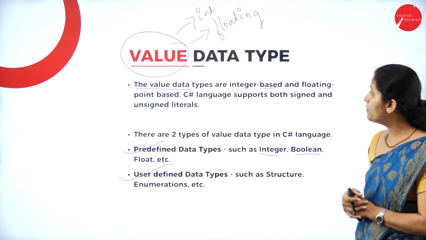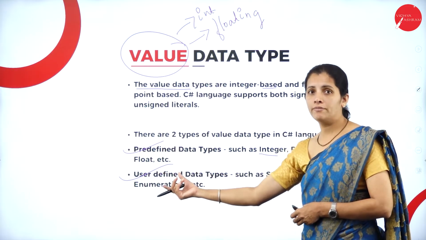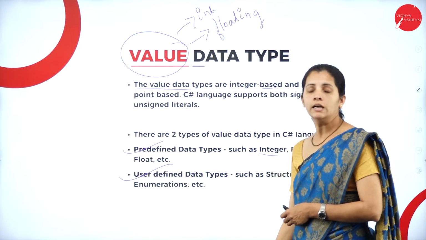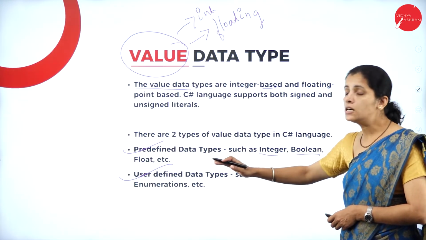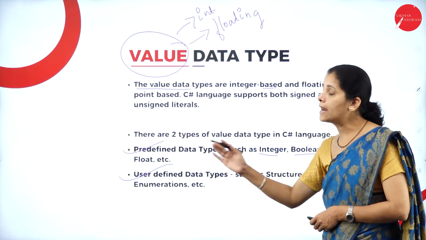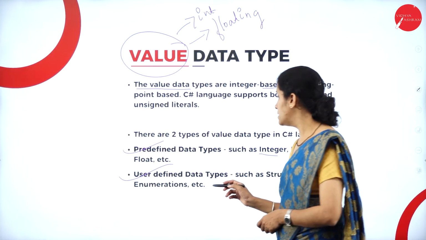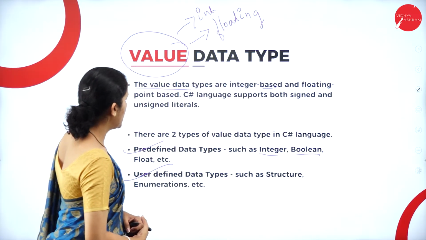The next type of value data type here is user-defined data type. As the name itself indicates, the user can define their own data type, and it is called a user-defined data type.